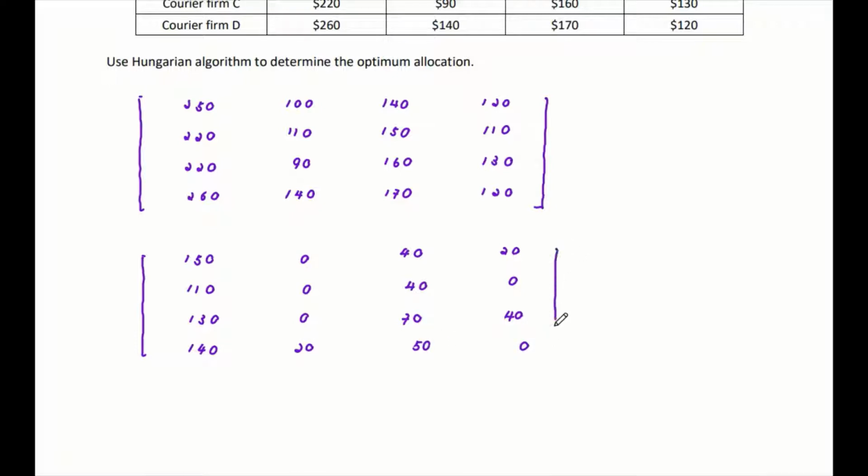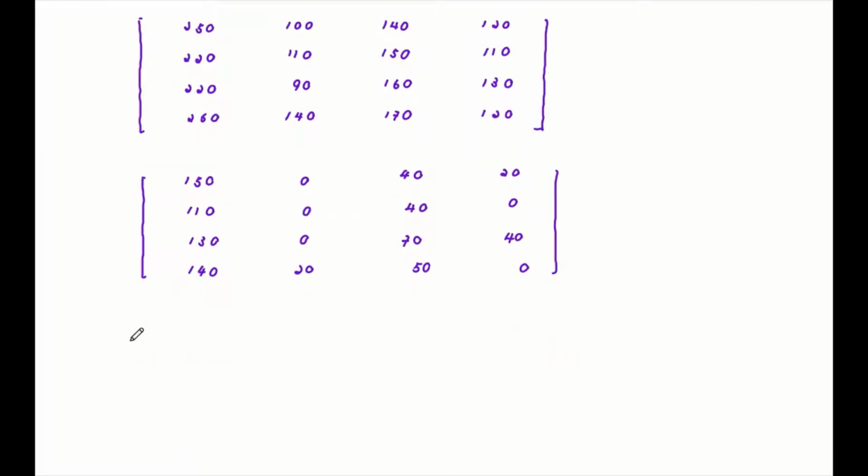All right, so after you finish your row reduction, now we need to do our column reduction. So find the smallest number in each column, then subtract the smallest number from the other elements in the same column. The smallest number is 110, so 150 minus 110, 110 minus 110, 130 minus 110, 140 minus 110.